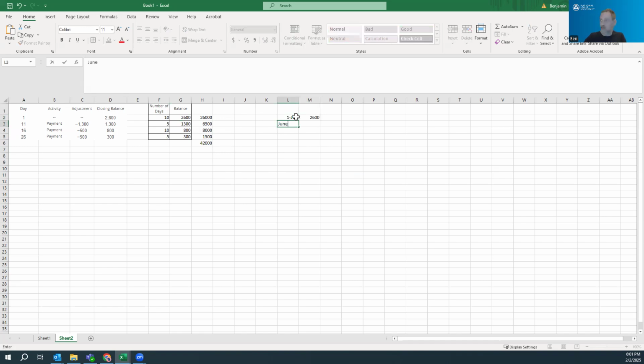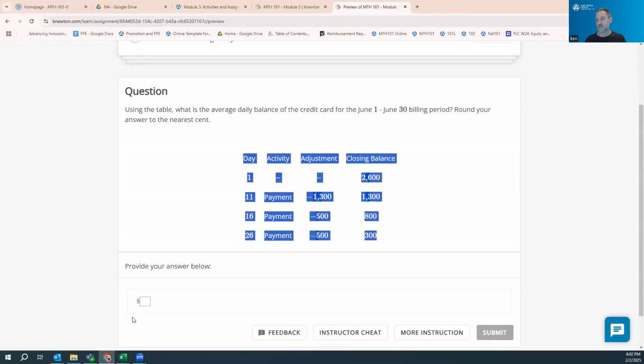Here was the June 2 balance, 2,600. And I'm going through the whole month and adding up all of those numbers and then dividing by how many days there are, which is 30. So I need to finish this by saying this number divided by 30. So 1,400 is the average daily balance for this account.